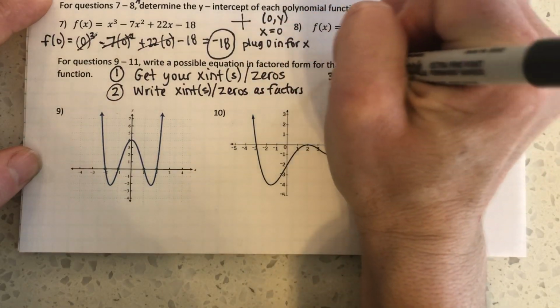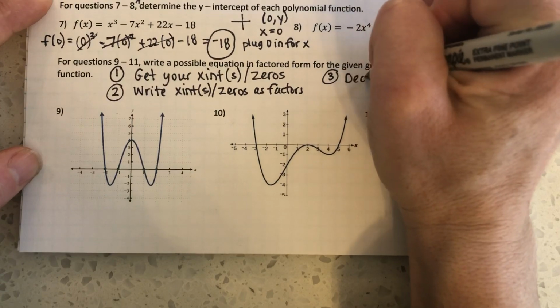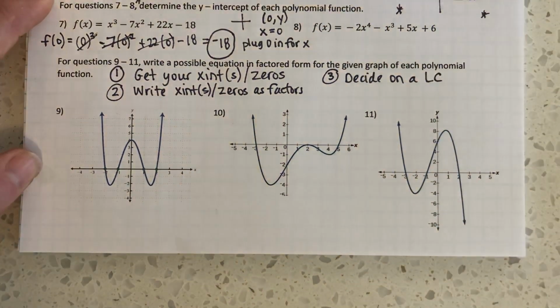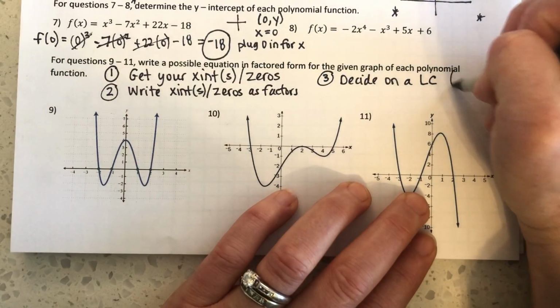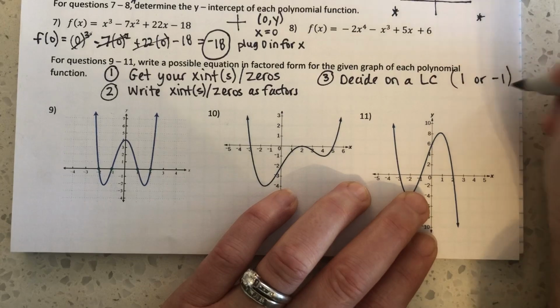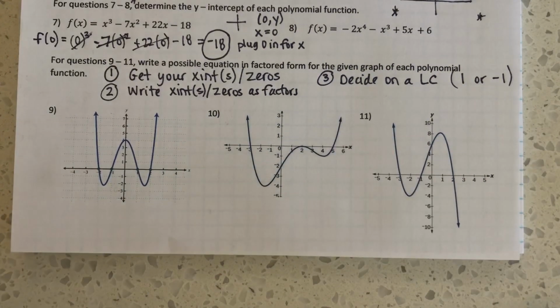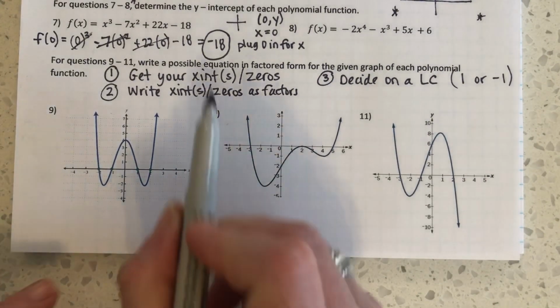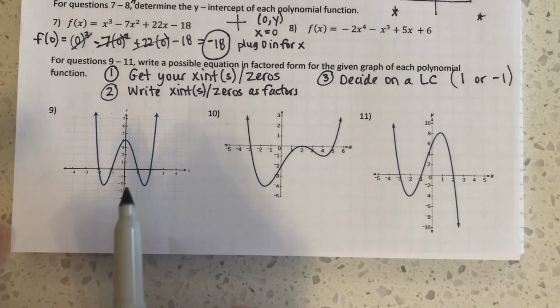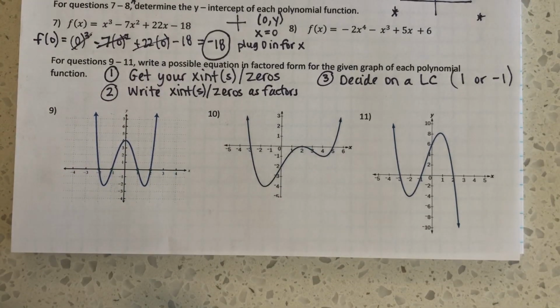And then the third thing you're going to do is decide on a leading coefficient. We're just going to keep it simple and either make it positive 1 or negative 1. All right? Okay. Because again, they just said to write a possible one. They didn't say you had to write the exact one, just a possible equation for this polynomial function's graph.